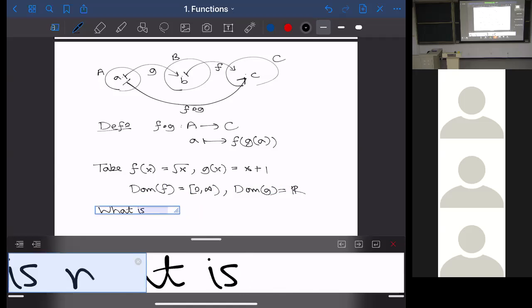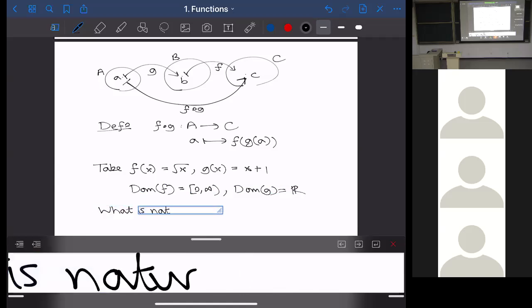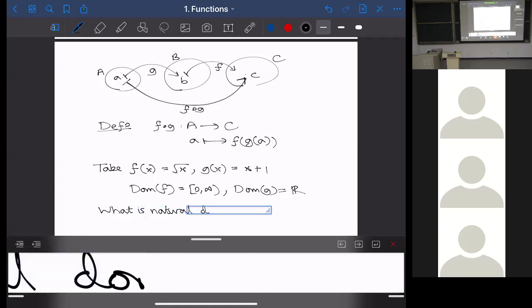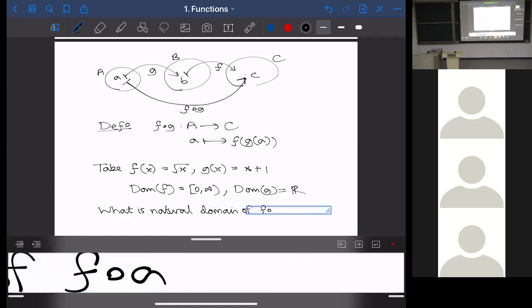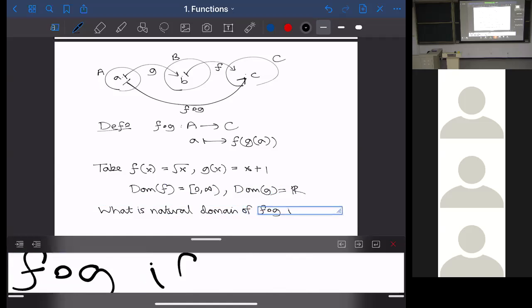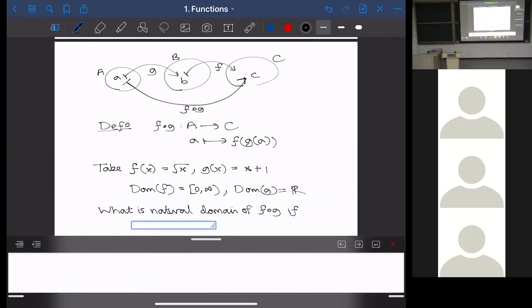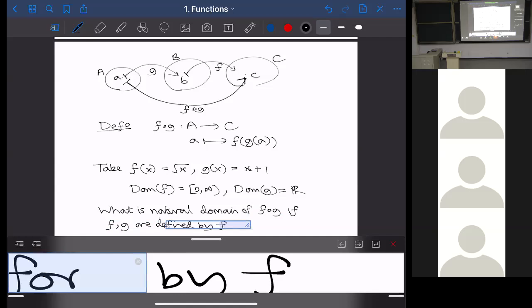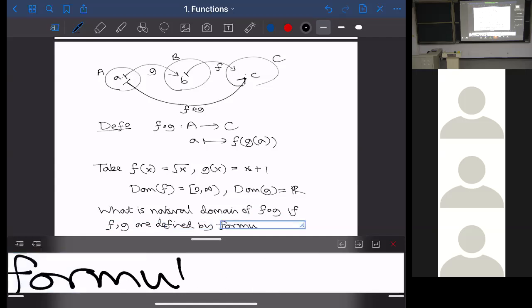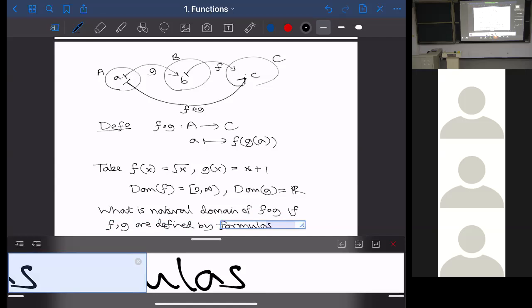So what is the natural domain of g then f if f and g are defined by formulas as above?